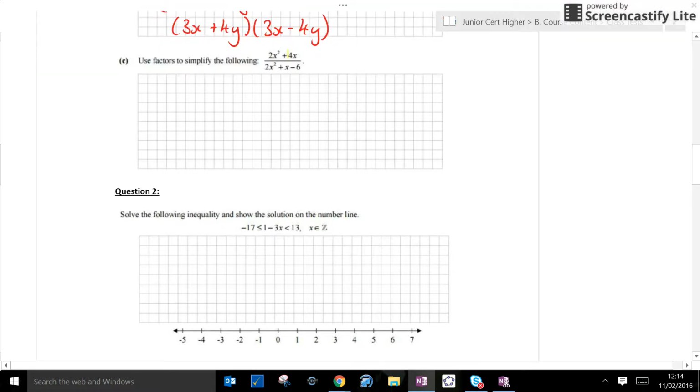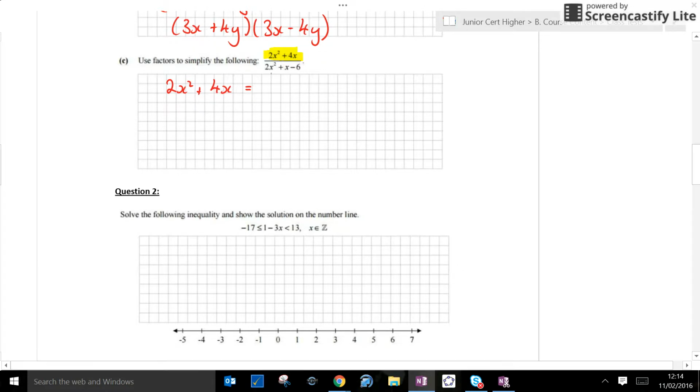So taking the top first, we have 2x squared plus 4x. So factorizing, well, it's 2 terms. We can't use the difference of 2 squares because 2 is not a square number. x is not squared either. So therefore we take out what's common.